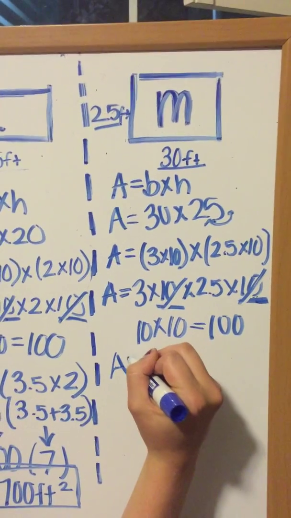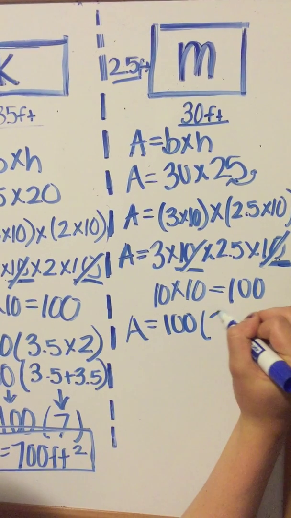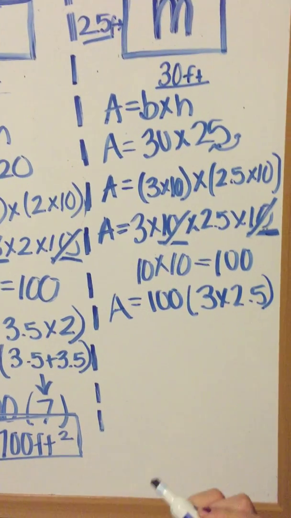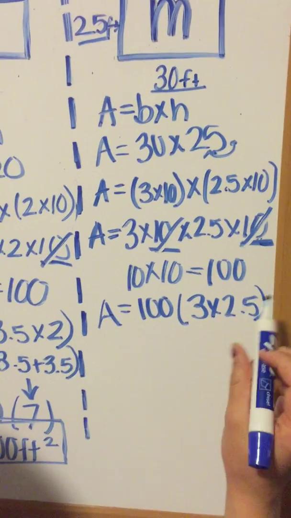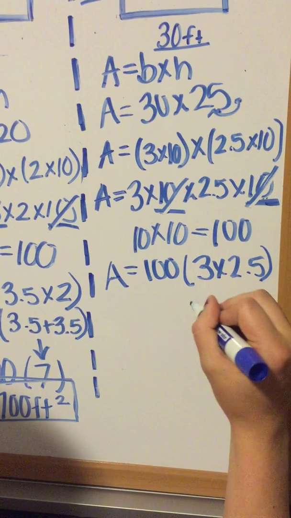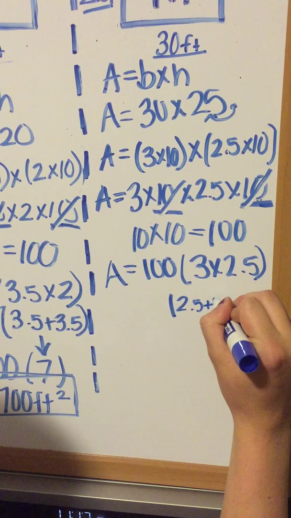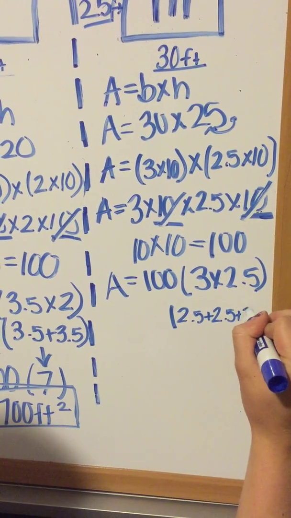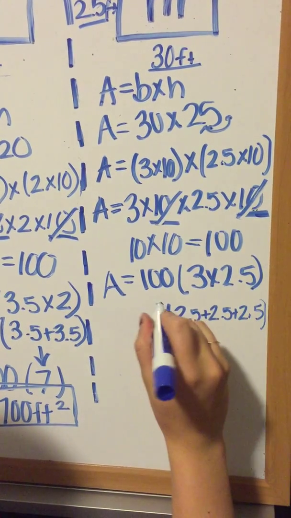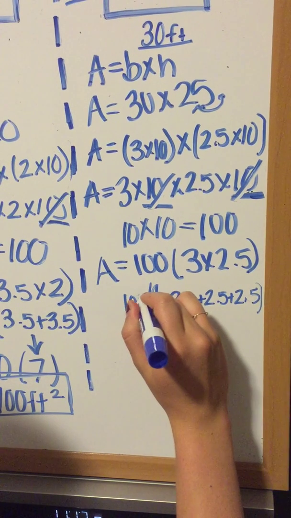The area is equal to 100 times 3 times 2.5. 3 times 2.5 is the same as 2.5 three times, so we can write it out as 2.5 plus 2.5 plus 2.5, all times 100.